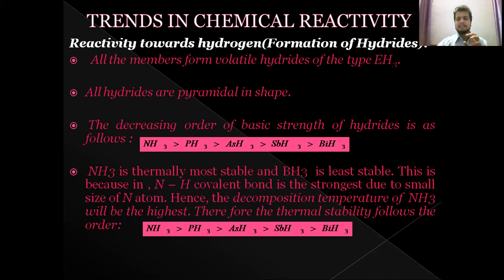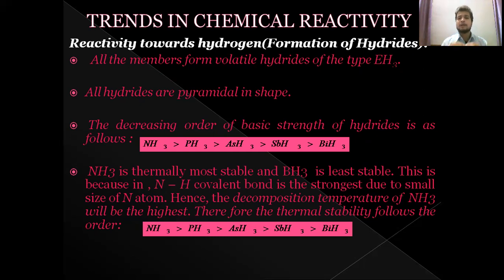Remember that the least stability of bismuth hydride is because of the bond distance of the bismuth-hydrogen bond. If you compare, nitrogen is very small, as a result of which the nitrogen-hydrogen bond will be shorter, and a shorter bond will not break easily when you heat it.